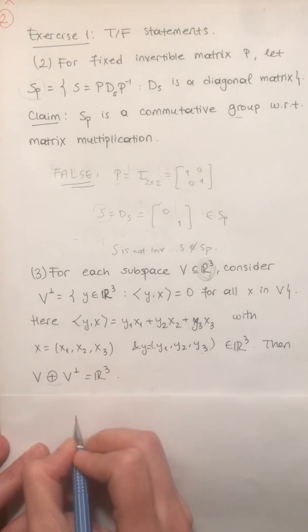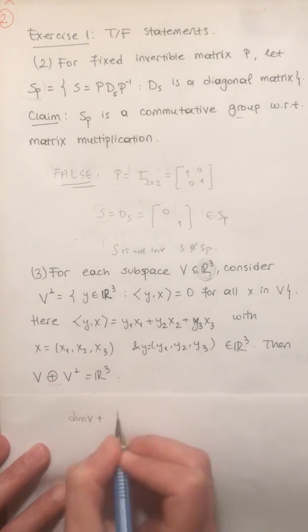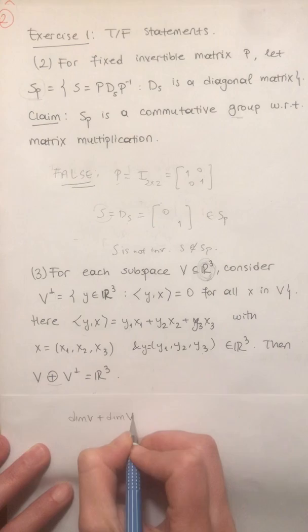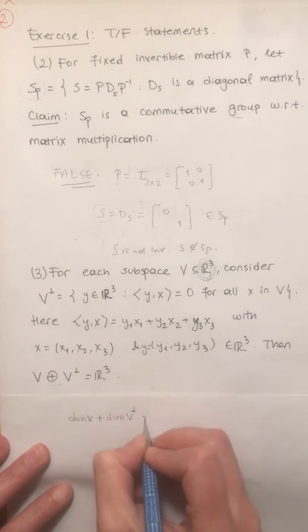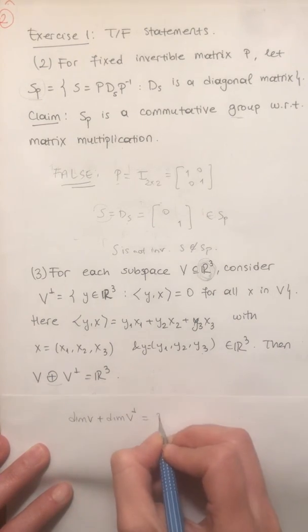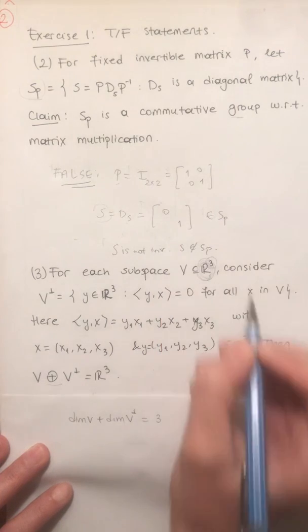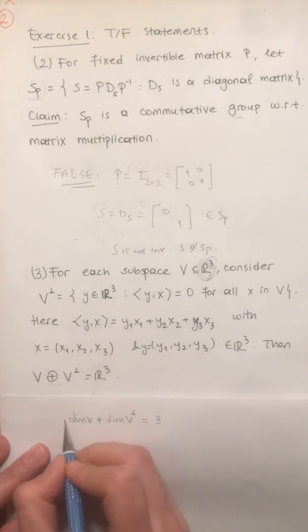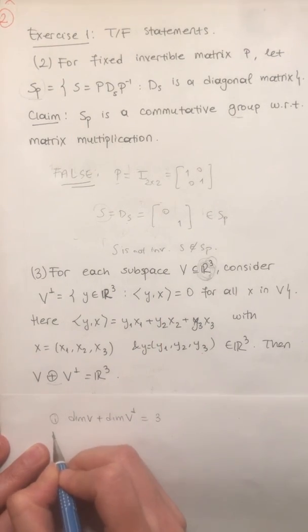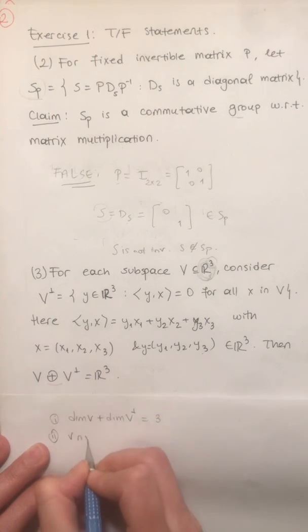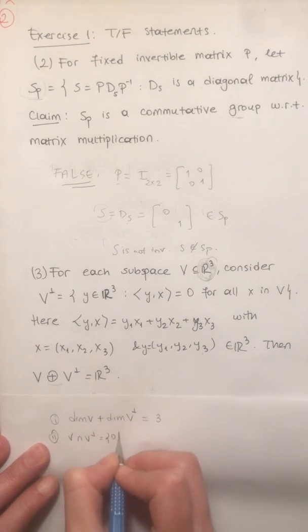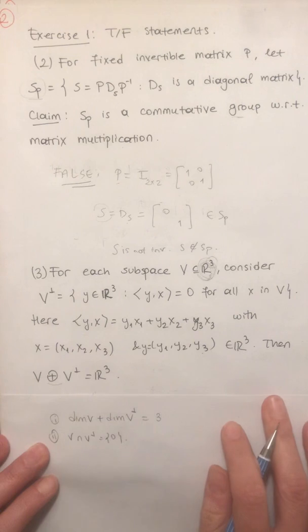We always know that the dimension of a vector space and the dimension of its orthogonal complement sum to give the dimension of the whole space. This is 3. And we need to see this intersection is trivial.